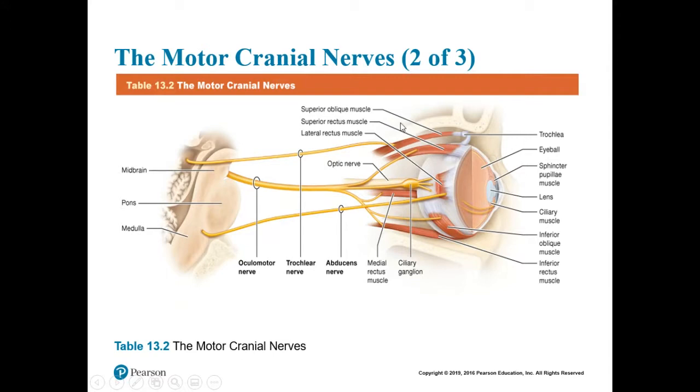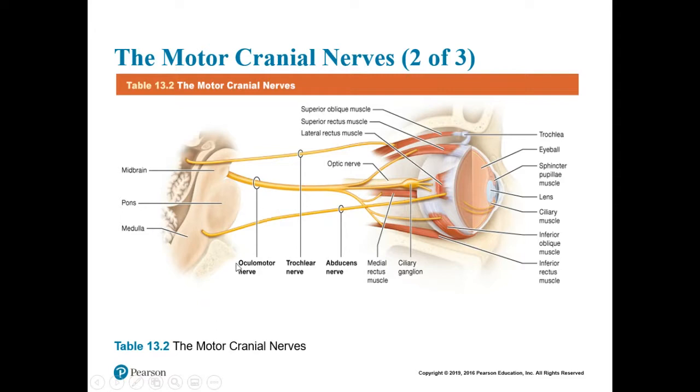This is the superior oblique muscle that is connected to the trochlea. In one of the lectures, I talked about all of these muscles. It turns out that the contraction of this muscle moves the eye diagonally, so at an angle, if you will. So again, it's controlled by the trochlear nerve.